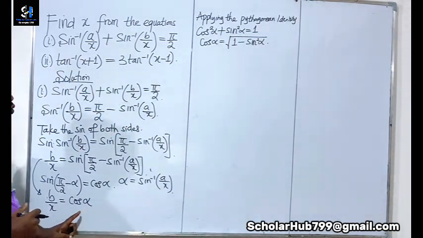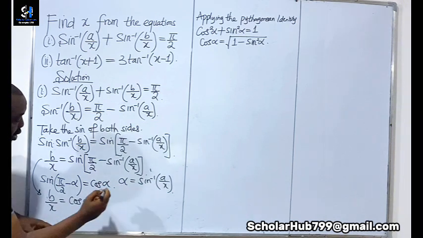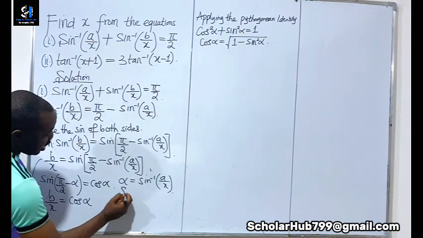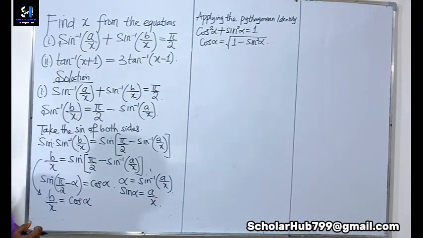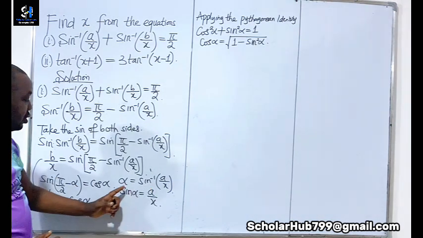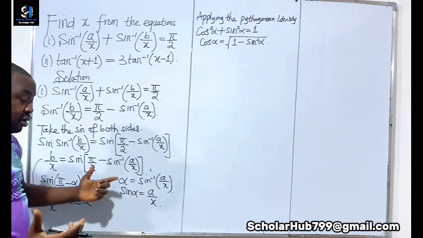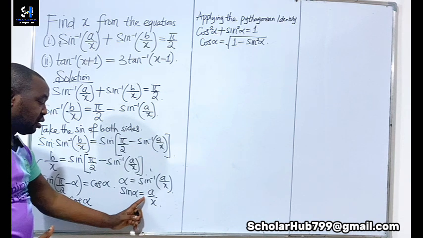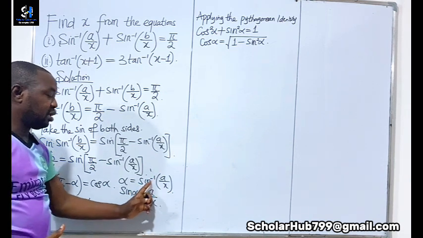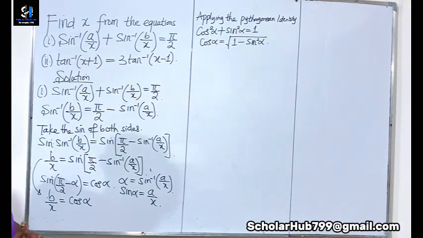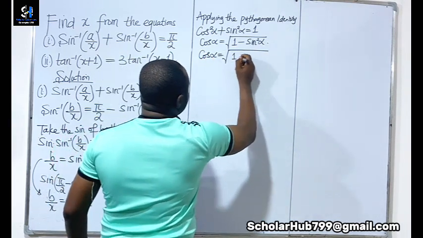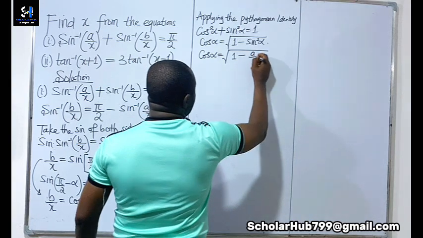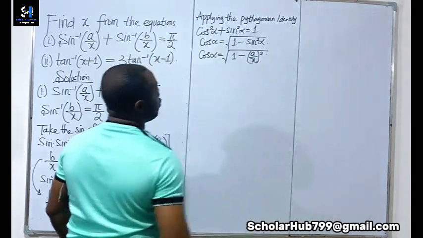Sine alpha equals a over x, since sine of inverse sine of a over x reduces to a over x. So cos alpha is the square root of 1 minus a over x raised to the power of 2.